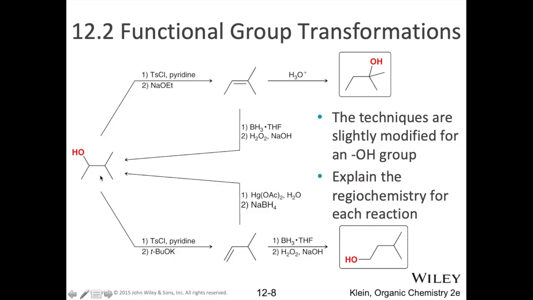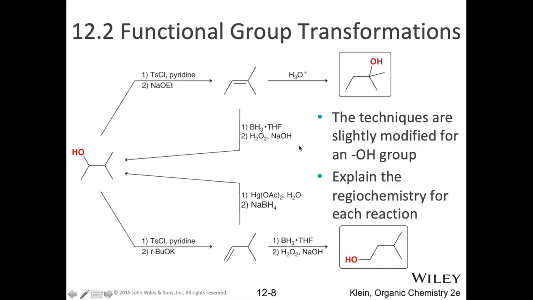Anyway, when you do that, you've got a great leaving group, and then using your base, you can do an elimination reaction accordingly. Whether you use a small base, which gives you the Zaitsev product, or a bulky base, which gives you the Hofmann product, the same regiochemistry considerations come into play.